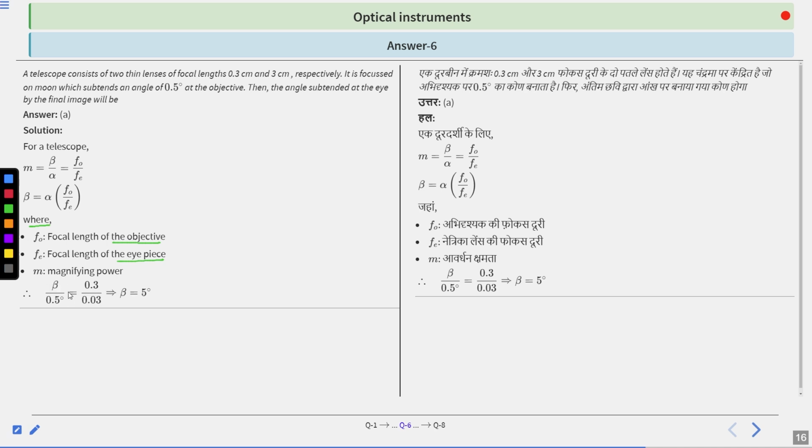After solving, you will get beta is equal to 5 degree. Clear? So the correct option is option A. The angle subtended at the eye by the final image will be 5 degree.